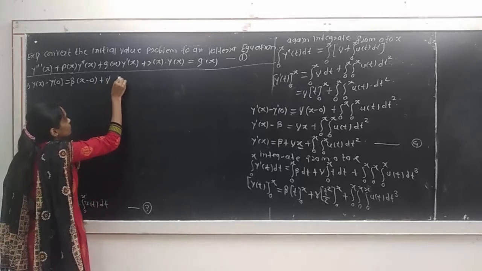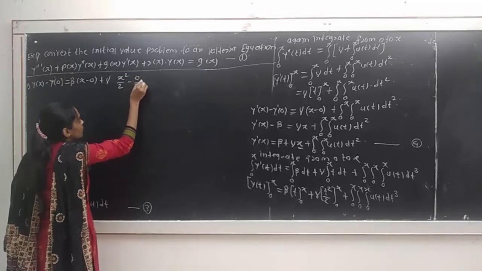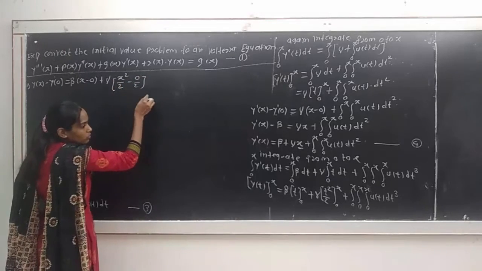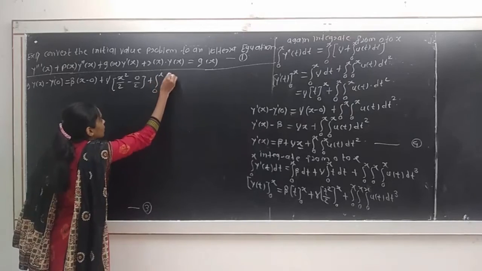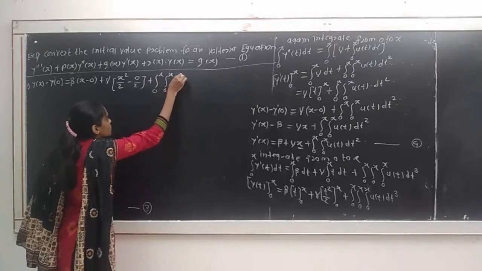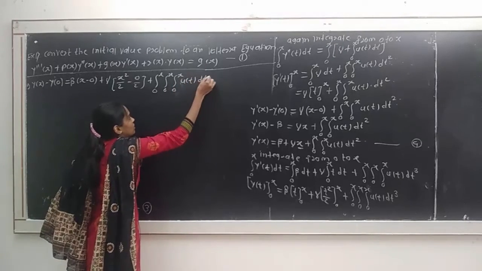If we put limits we get x square divided by 2 minus 0 square, that is 0, divided by 2, plus the integration from 0 to x, from 0 to x, from 0 to x of u of t dt cube.